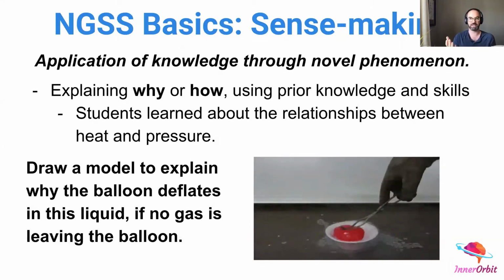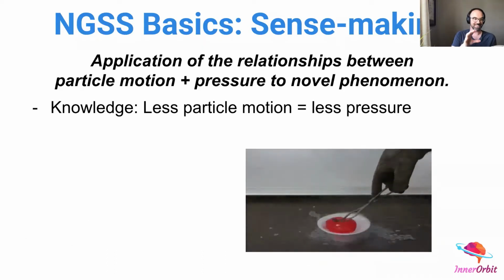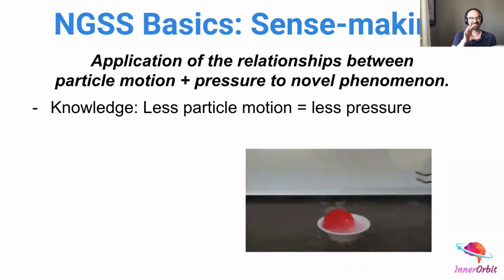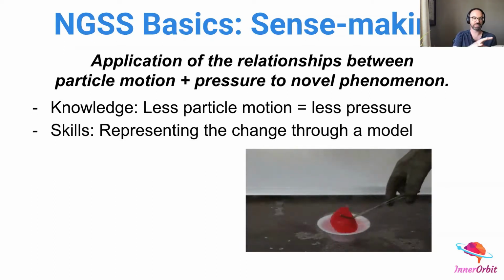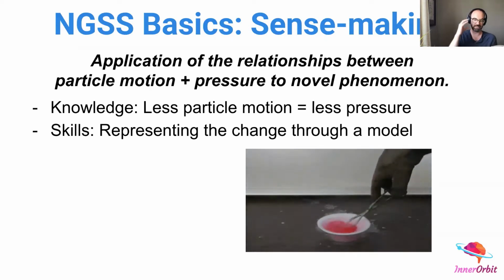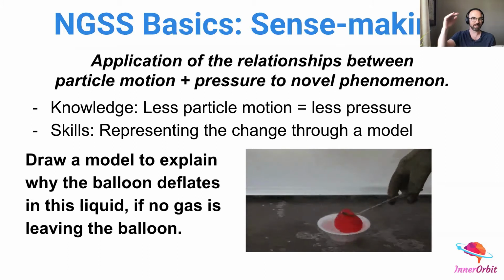This is sense making. They're making sense of something novel they haven't seen before. The knowledge they're starting with is that less particle motion equals less pressure, and the skill is then representing that change through a model. So this is the gold standard. This is a sense making three-dimensional assessment.